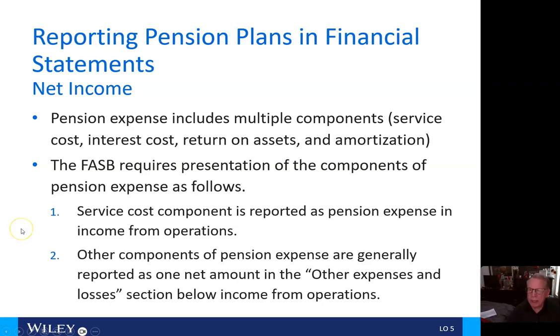The first one is service cost component is reported as pension expense in income from operations. And the second one is other components of pension expense are generally reported as one net amount in the other expenses and losses section below income from operations.